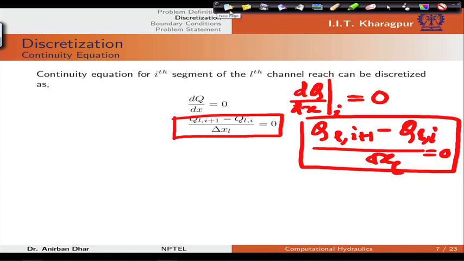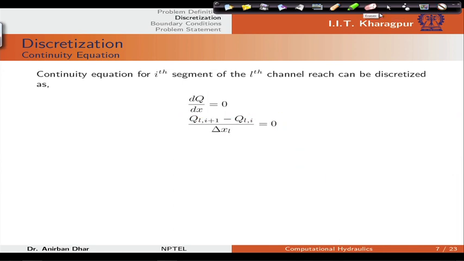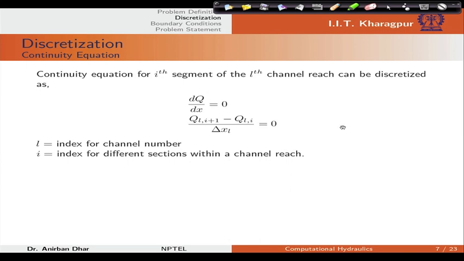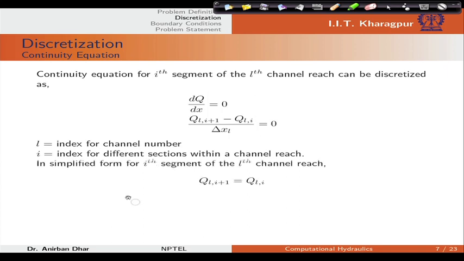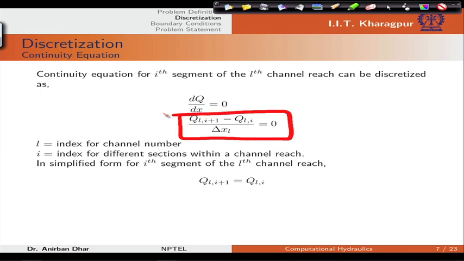Now, we can utilize this information during our solution process. Now, L is the index for channel number and I is the index for different sections within a channel reach. Now, in simplified form, for the ith segment of the lth channel, we can write directly from this expression that Q L I plus 1 and Q L I, these two values are equal.